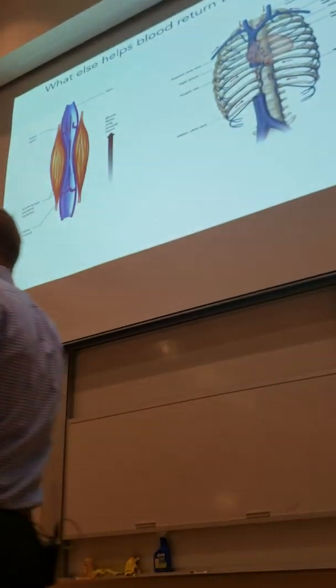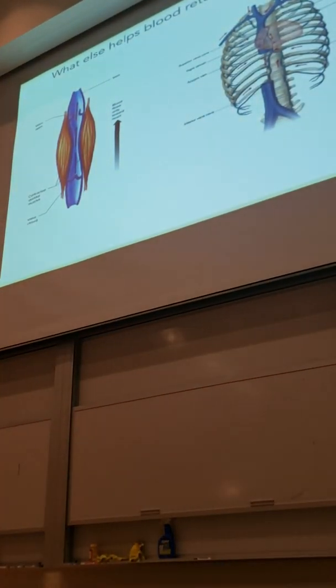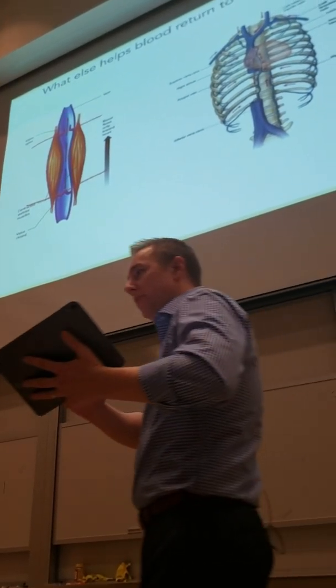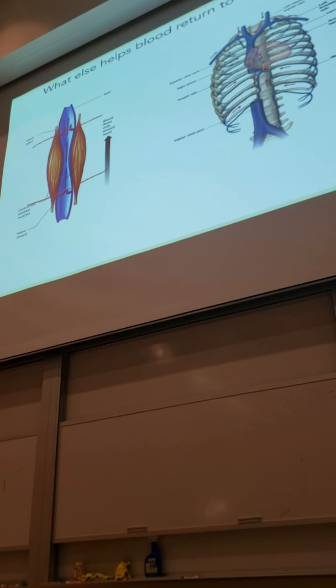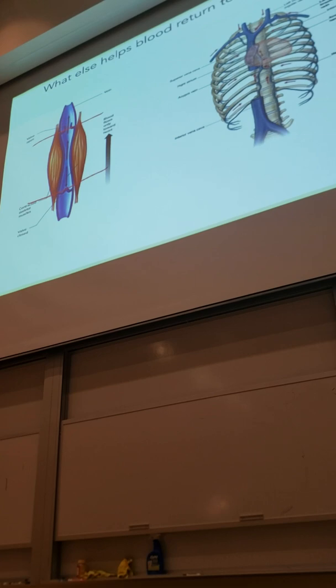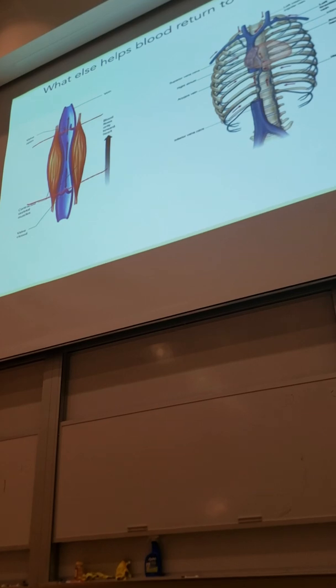When that skeletal muscle contracts, we're going to squeeze on that little segment of blood between the valves from outside, and increase its blood pressure. When we increase the pressure here, blood is going to try to go up, and it's going to try to go down. What keeps it from going down? Valves. And then the pressure drives the blood the only way it can go, which is up.